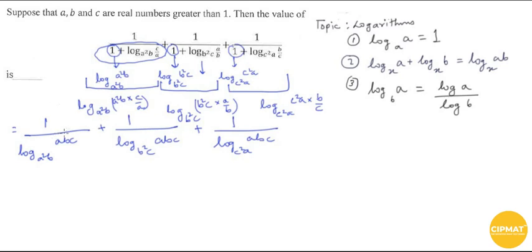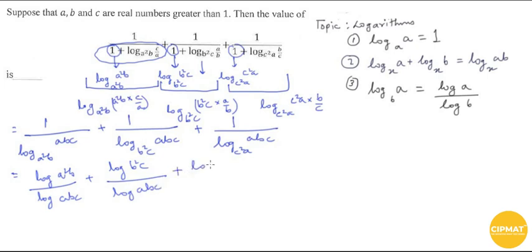So if I make this log of abc divided by log a square b, then the log a square b will come in the numerator, right? So this becomes log of a square b divided by log of abc, plus log of b square c divided by log abc, and here you get log of c square a divided by log abc.